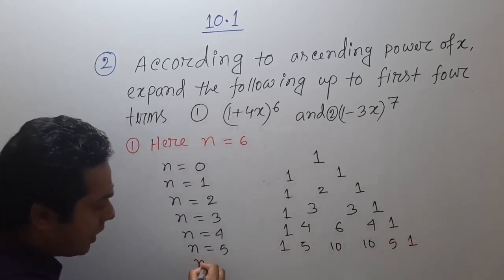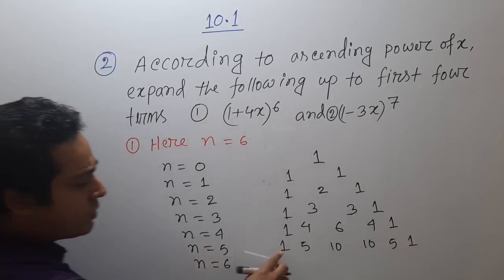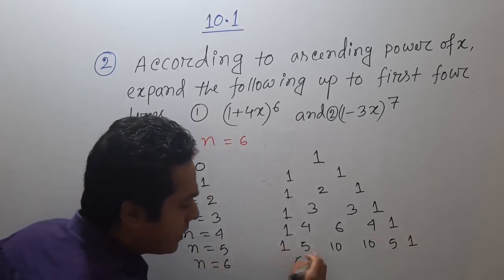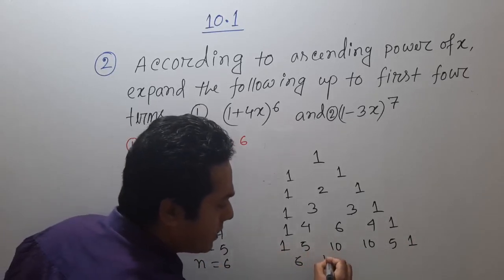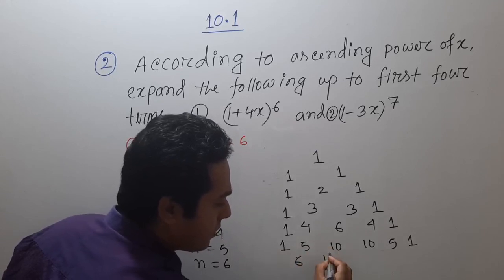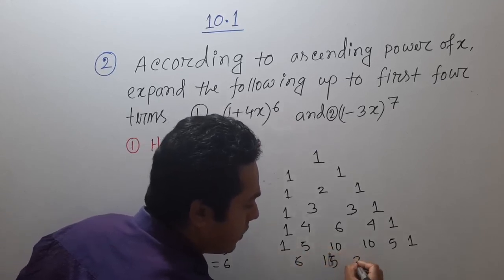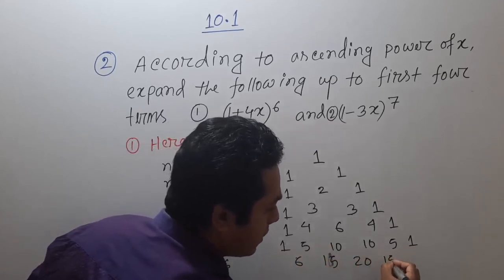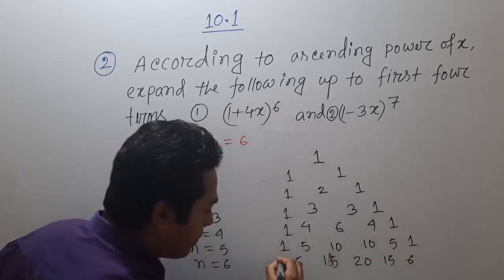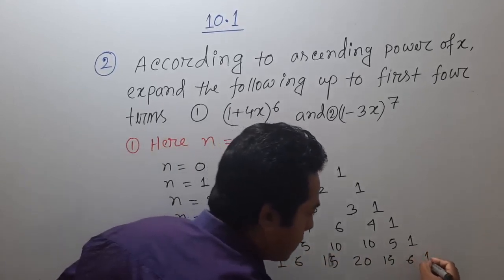For n is equal to 6, addition of 1 and 5 is 6, of 5 and 10 is 15, then 20, 15, 6, and 1 and 1.